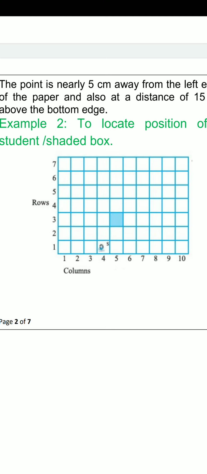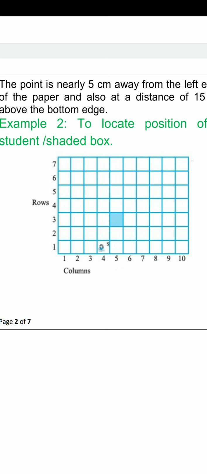If you just think in your class, all of you are mostly seated in 8 columns and 4 or 5 rows. So here you can see a box, it is given in the 5th column and the 3rd row.